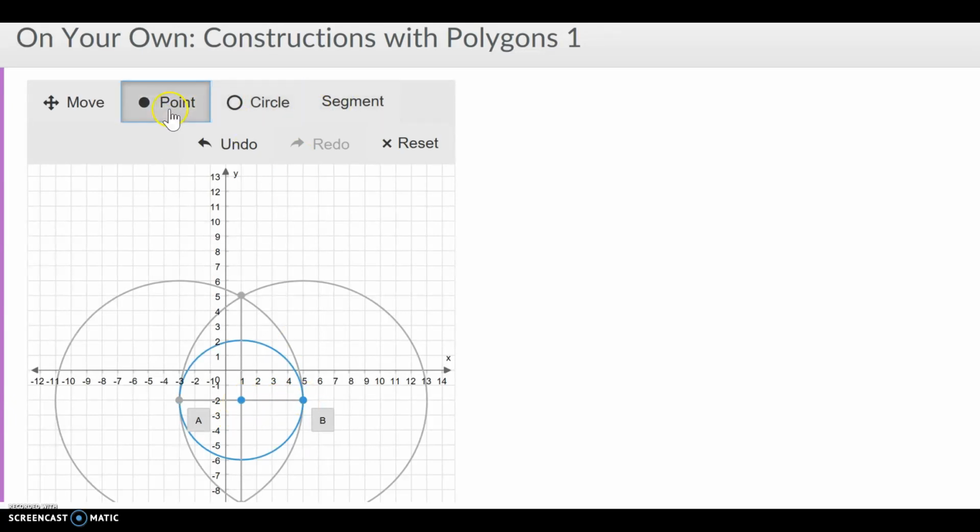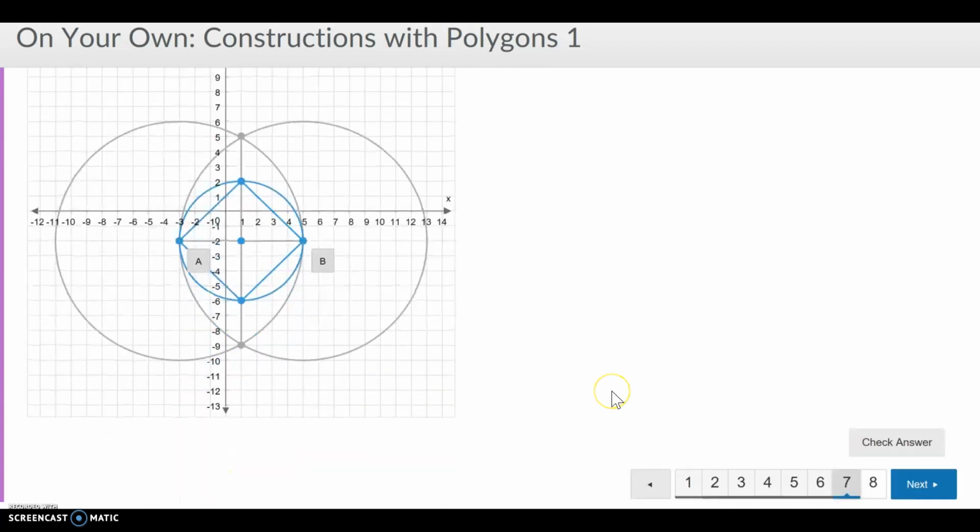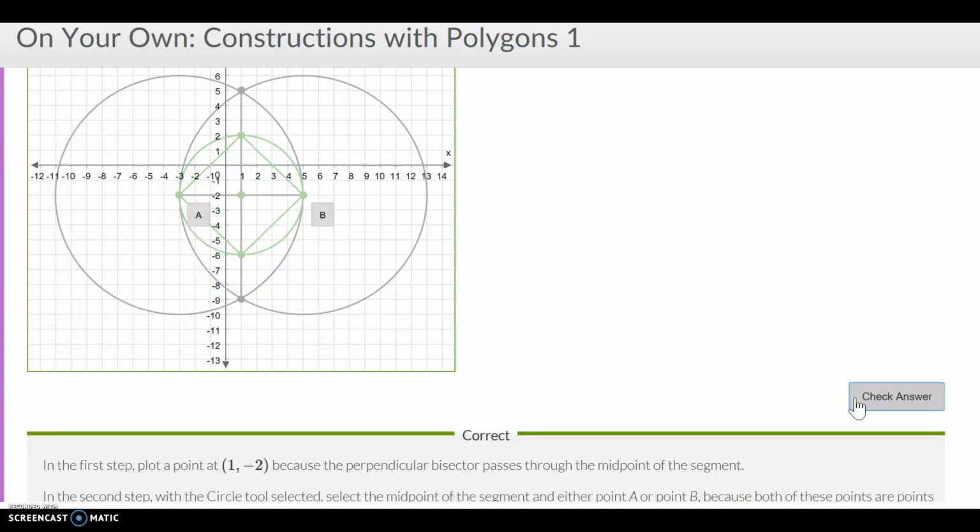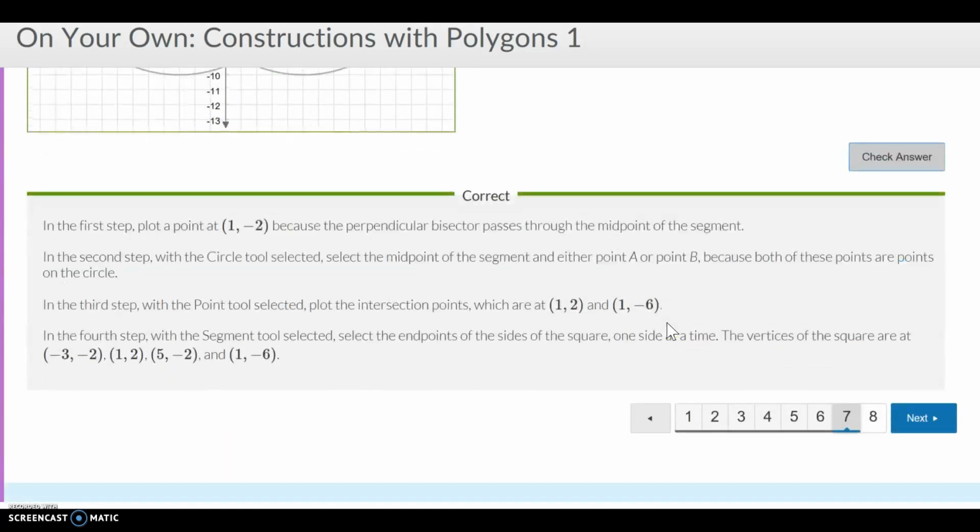And then we place points here and here. And now we're going to connect those points. There we go.